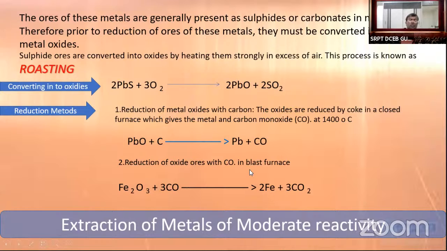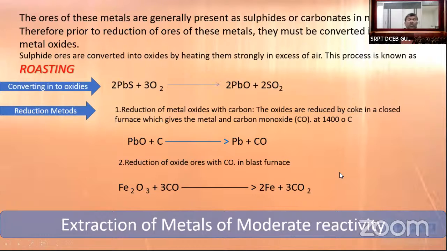Carbon monoxide is also used as a reducing agent to obtain the metal from its ore. It is iron oxide, magnetite. Magnetite is added to the carbon monoxide, which is a reducing agent. Then this carbon monoxide reduces this iron ore into iron.